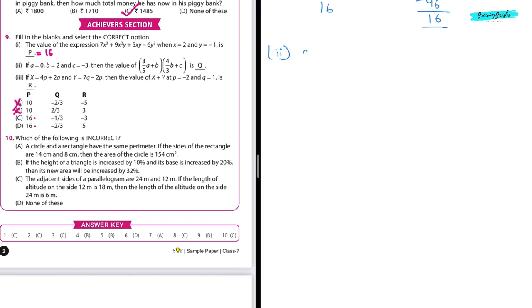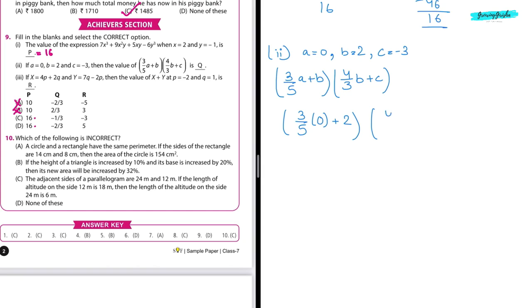Now second statement. If A is equal to 0, B is equal to 2 and C is equal to minus 3, then the value of 3 upon 5 A plus B, 4 upon 3 B plus C is dash. Let's plug in the values. 3 upon 5, 0 plus 2, 4 upon 3, 2 plus minus 3.